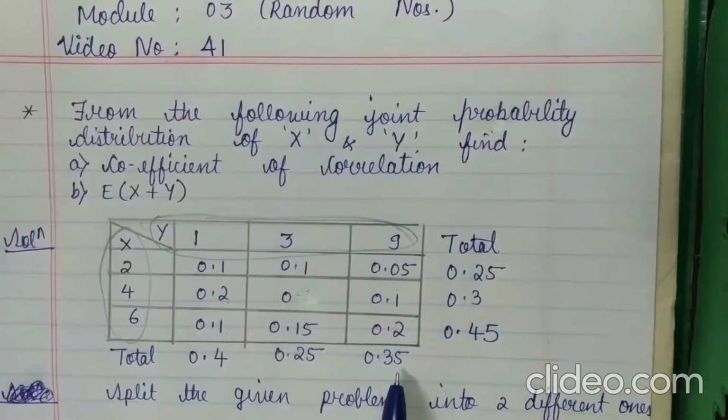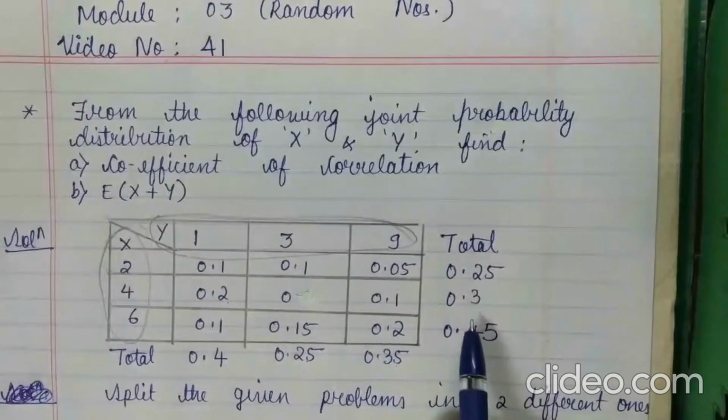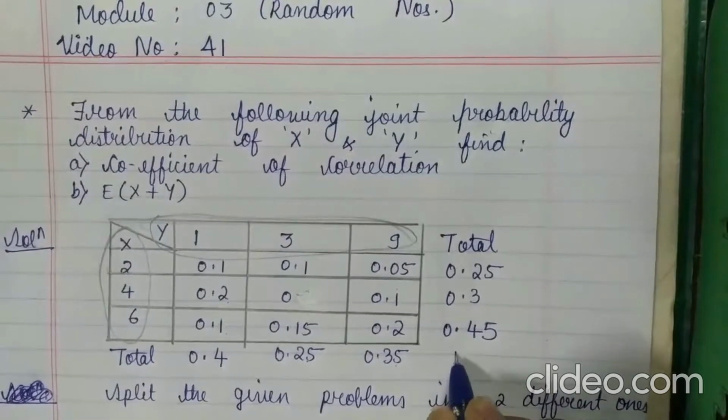Just verify it: 0.35 plus 0.25 plus 0.4, you will get 1. Similarly, this total should also be equal to 1. That is, total of total should be equal to 1, both row totals and column totals. So 0.25 plus 0.3 plus 0.45 will give you 1. So the total ultimate value is 1.